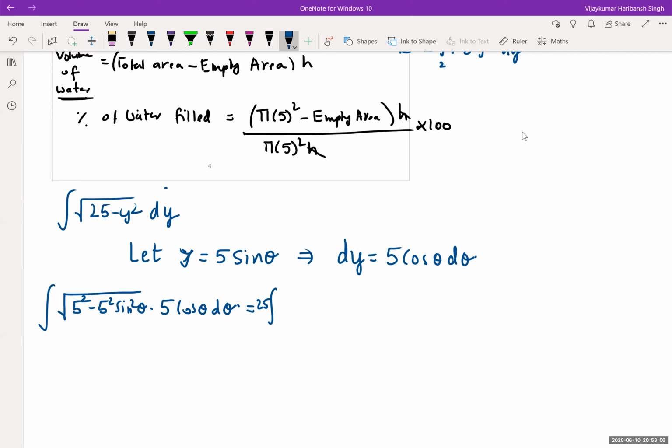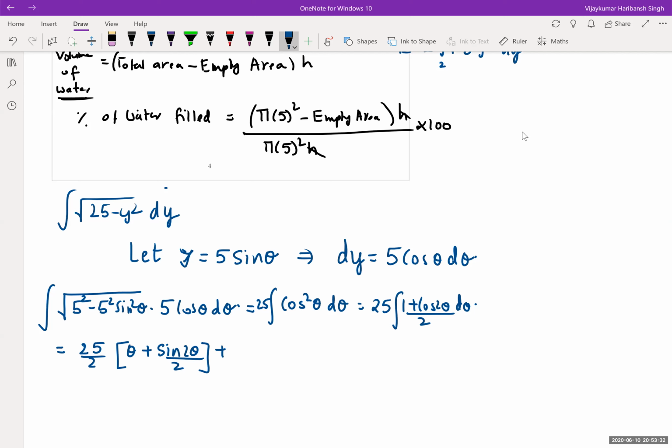You will have 1 minus sine squared theta, which is cos squared theta, so you'll get cos squared theta d theta. That is going to be 25 times the integral of (1 plus cos 2 theta) divided by 2 d theta. So this will become 25 by 2 times theta plus sine 2 theta divided by 2, plus c.